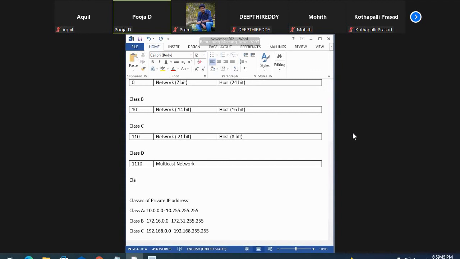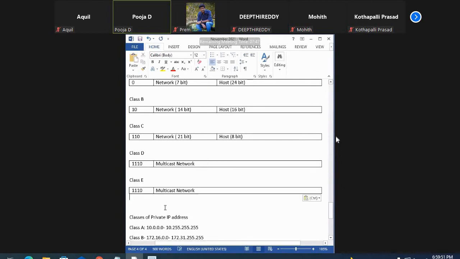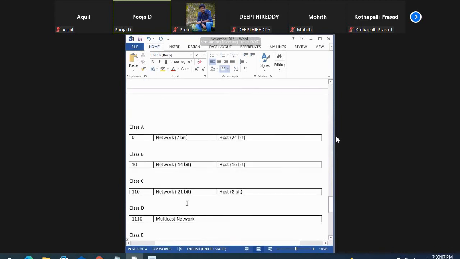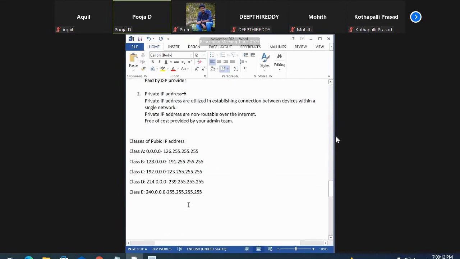And class E: again one more bit will be added here, and it is reserved for future use. So this is how the network and host bit conversion works in public IP addresses.